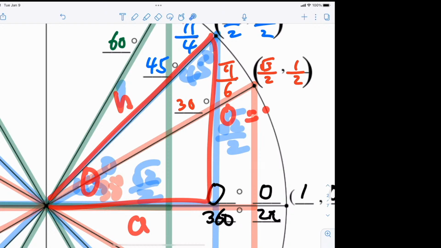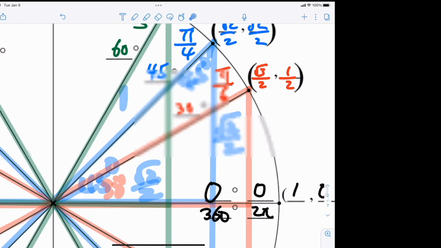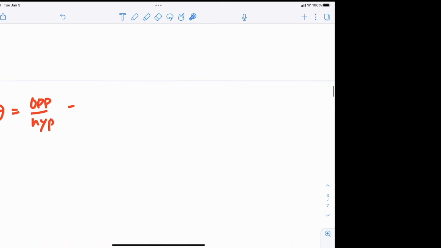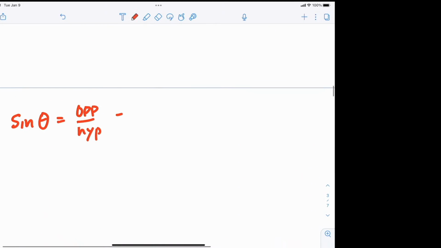And then the opposite is also known as the y value, and let's look at the x value, and this is just h still. So it's y over h instead of o over h. So y is equal to o in this case, so that's equal to y over h.